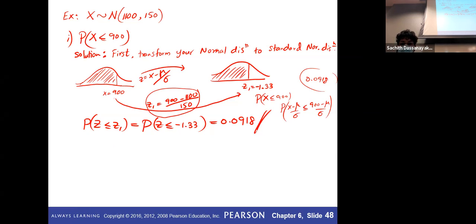Okay. Let's do the next one. Let me copy this X here. X as a normal distribution with 100. Oh, sorry. This one. Okay, second part. Let's say second part.